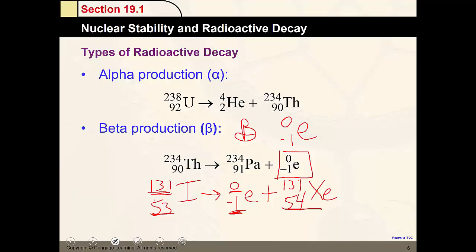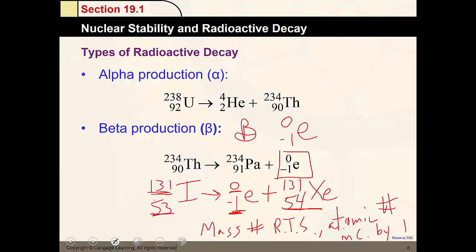So with beta decay, the mass number remains the same, but the atomic number increases by 1. What we're essentially doing in beta production is changing a neutron to a proton.